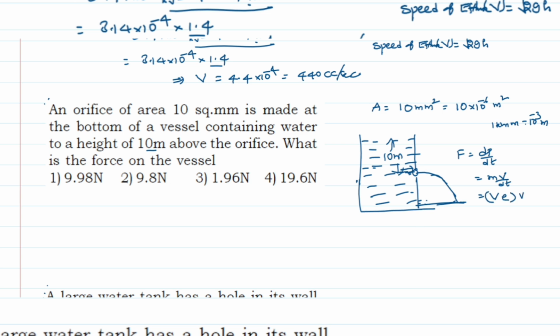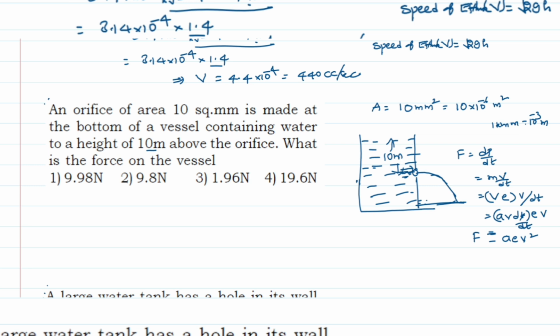Volume of the fluid leaving is area A into length, and length is the distance covered by the fluid, velocity into dt, into density into v. The dt gets cancelled. The force on the vessel is A into rho into v square.